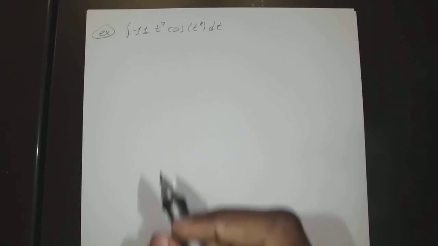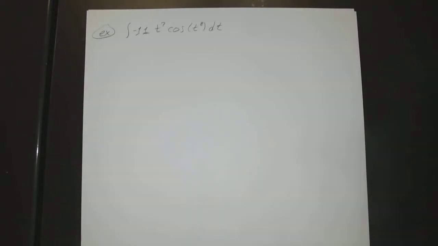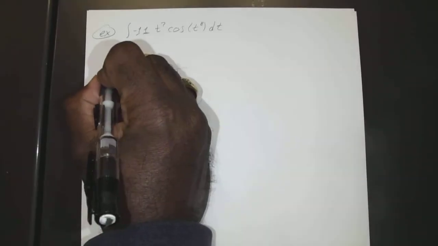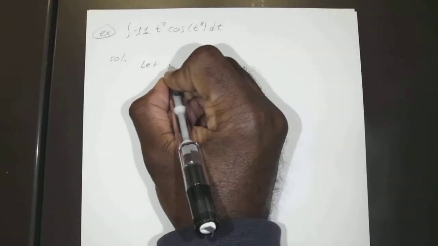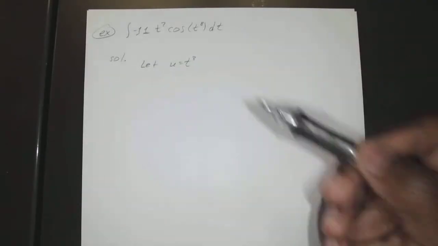Okay, so the goal here is to get rid of everything else and make that just cosine of u. So the first thing we want to do is let u equal t to the 8th power. That's the only way we're going to get cosine of u.